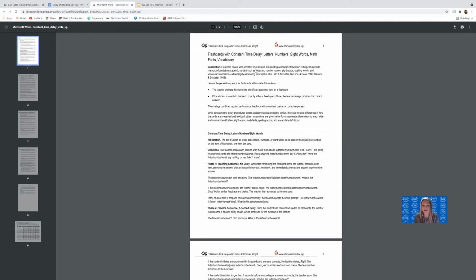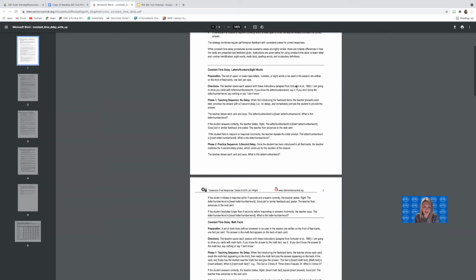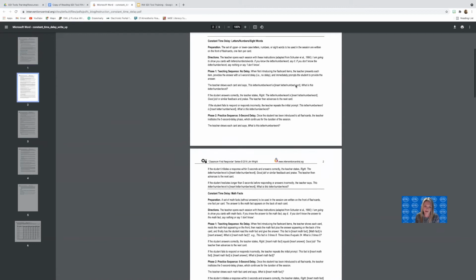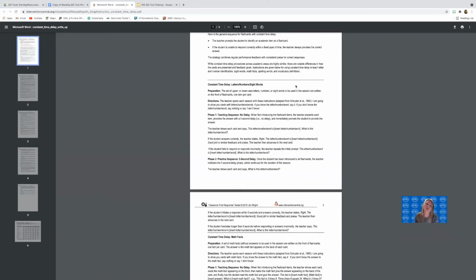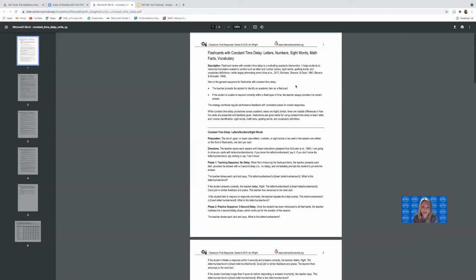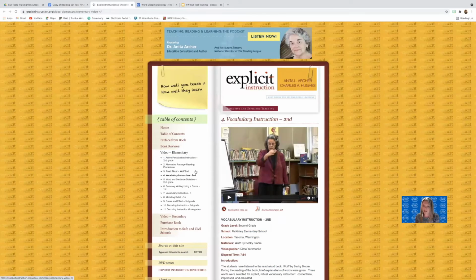It describes what the strategy is, how to prepare for it, the materials that you need, and how to conduct it. Sometimes these look a little daunting because you open it up and you're like, oh my gosh, it's 6 pages. But please don't let that deter you, because the way that it's laid out, it's really quick. And Anita Archer, she is the guru of explicit instruction, so she has videos here.